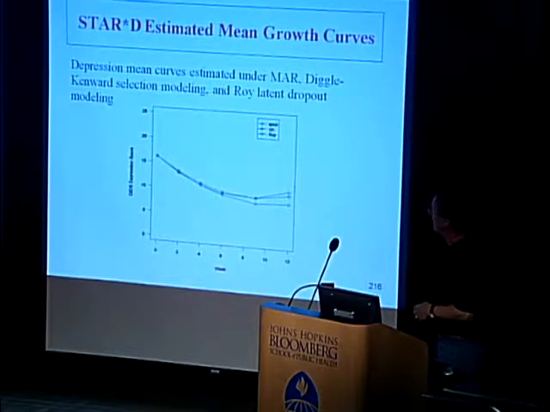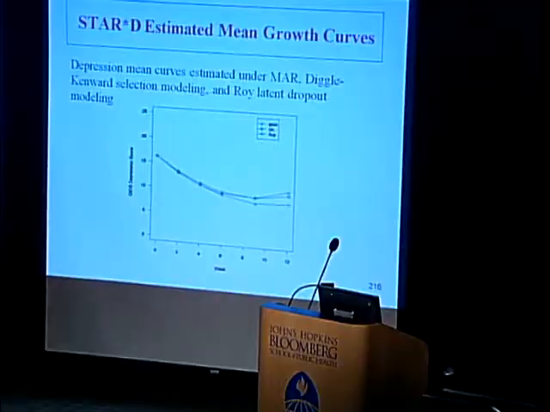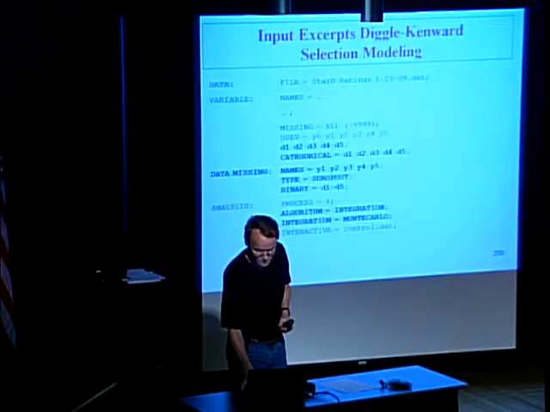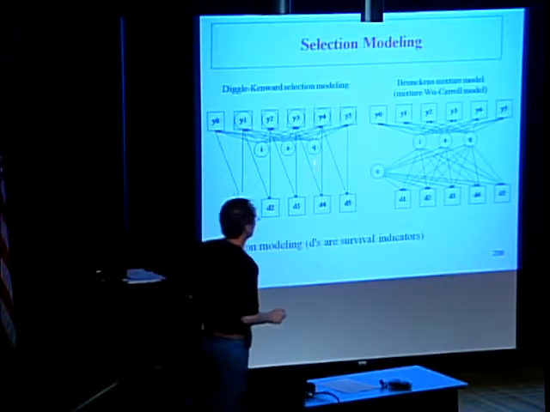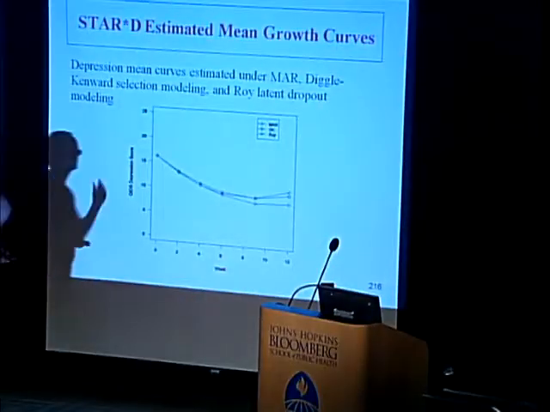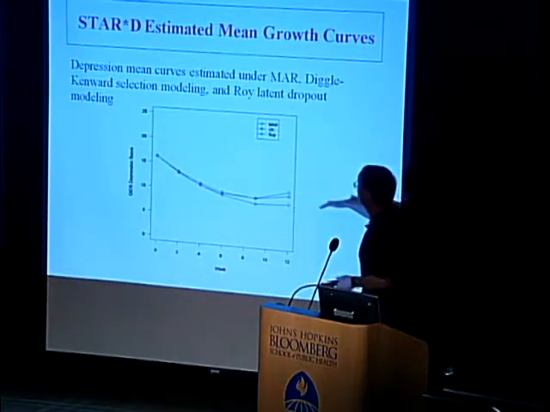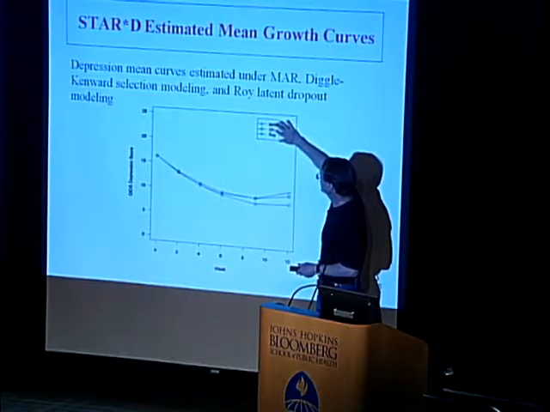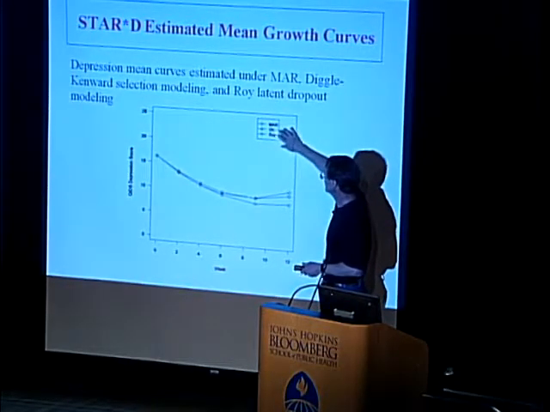Now, when you have done this, say that you do selection modeling. What's typically then reported is the growth curves under MAR and the growth curves under, say, Diggle-Kenward. And here is the Roy version of the pattern mixture model.